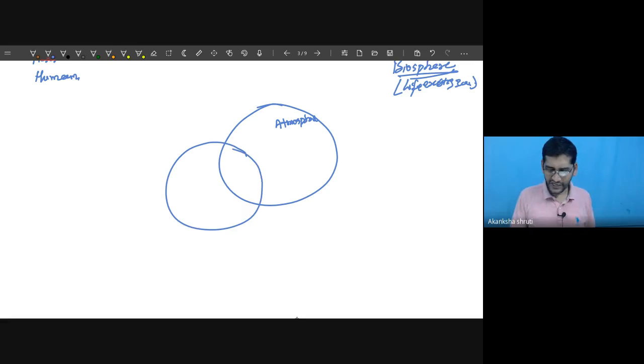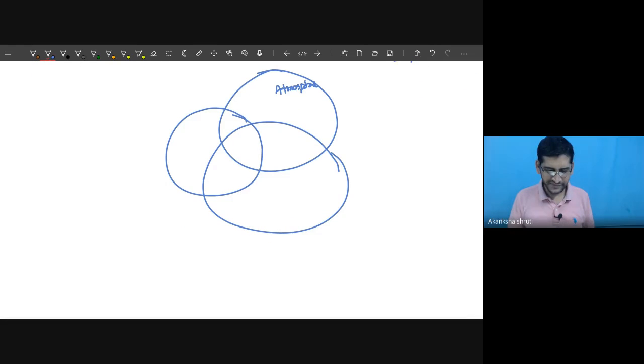That water and these lands can also be drawn. So this water-containing zone is called what? Yes, student, hydrosphere.